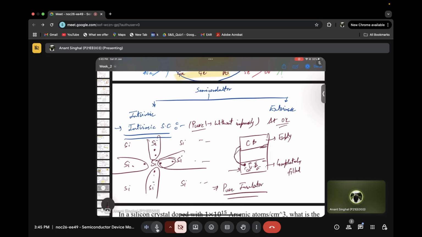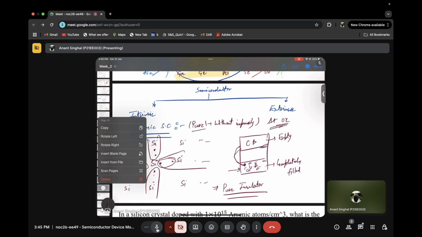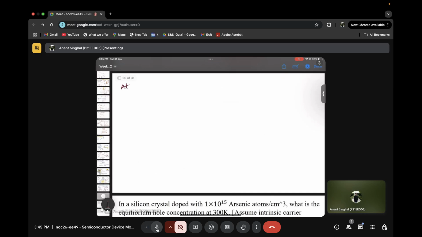Because once this gets transferred, there will be some movement here also, and since this is empty, this will be a free electron, right? But for now, we don't have any energy. So what we see is at 0 Kelvin, that is at no application of any voltage or thermal energy, intrinsic semiconductors act as pure insulators.